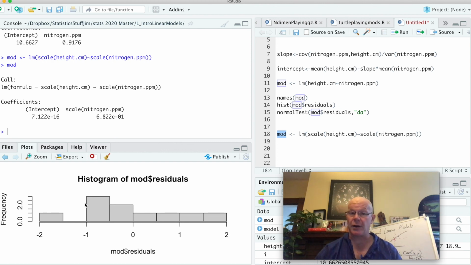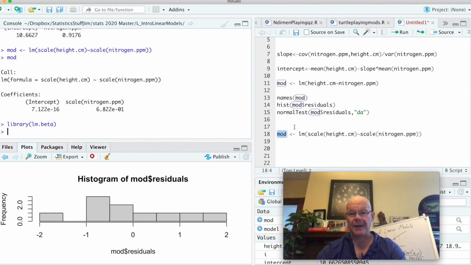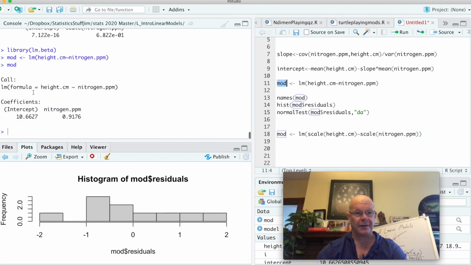There's a shortcut to getting these z-transformed, or standardized, beta coefficients. There is a library called lm.beta, and within there is a function called lm.beta. So I'm going to go back up here, and now my model is in the raw units.